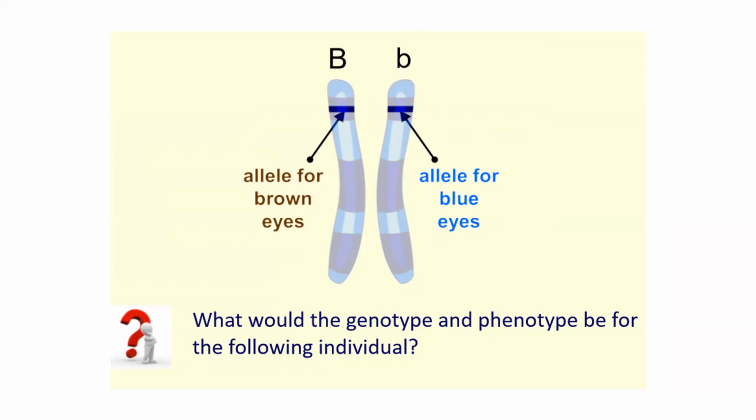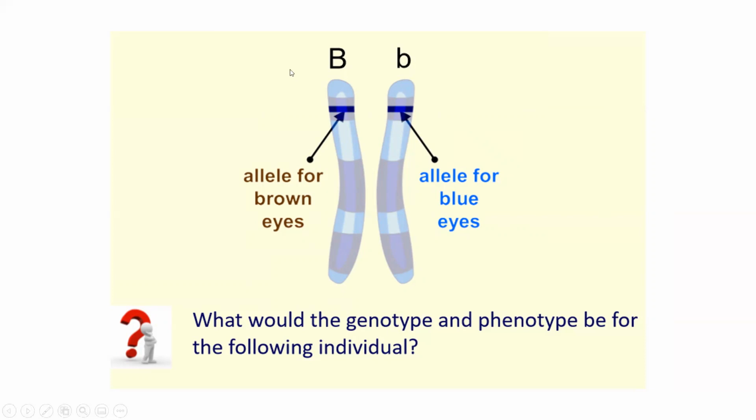Well, the person's genotype is, just as always, the two letters that they actually have. So their genotype here is a big B, little b. But their phenotype is brown eyes.